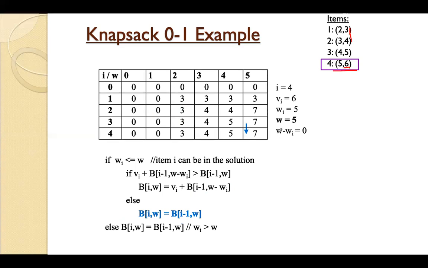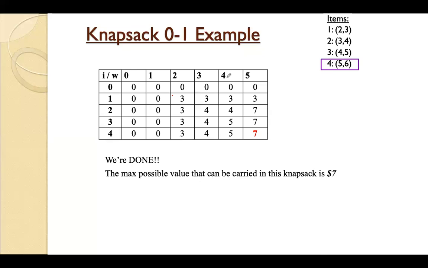At the end of the iteration, whatever value we have in this final location, that is the maximum profit that we are going to get using this dynamic approach. The final value in that final box, whatever is there, that is our final solution.